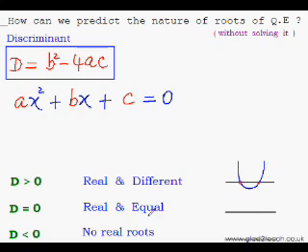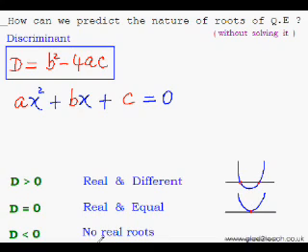So now I'm sure you must have visualized what the graph of this equation would look like. Since the roots are equal, the graph will just touch the axis at one point. See, both the roots will have the equal or same value.